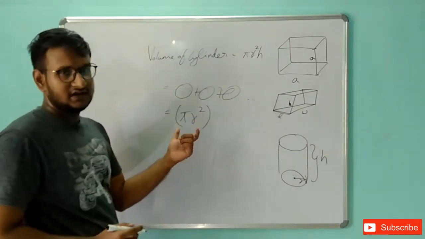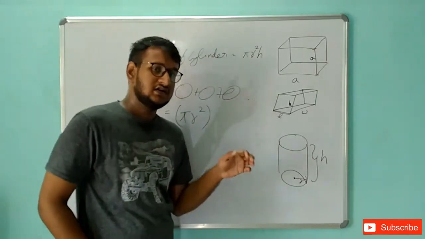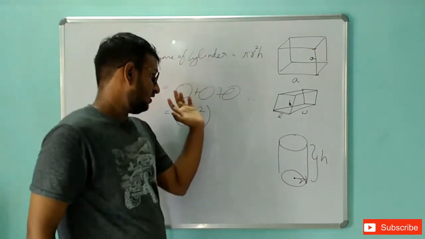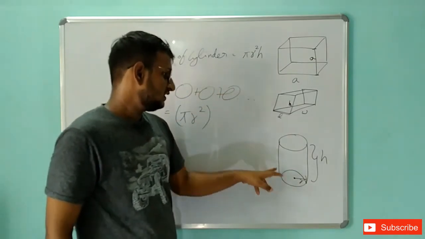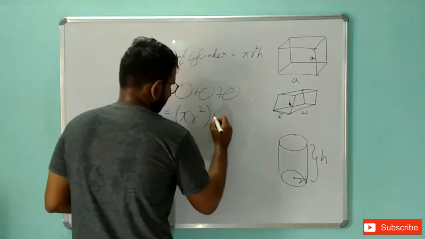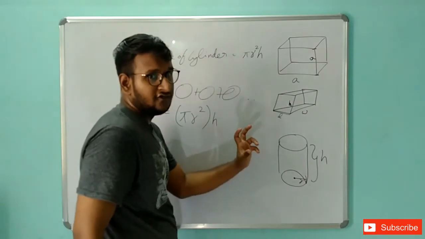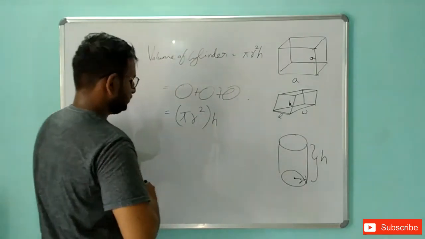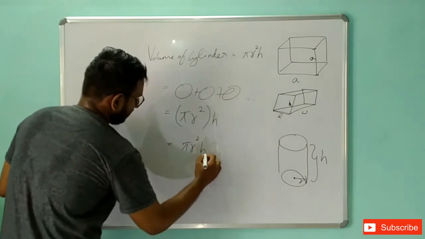There are n number of circles till it reaches a height h. So we will have h. This is how we derive the formula pi r square h.